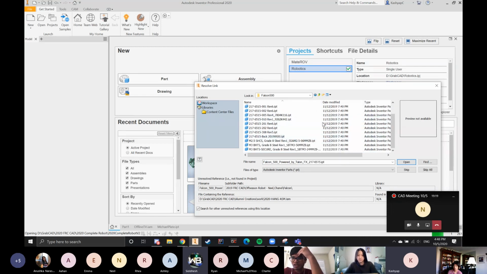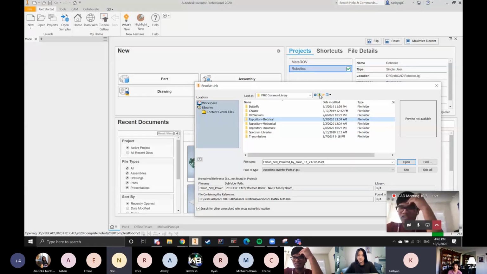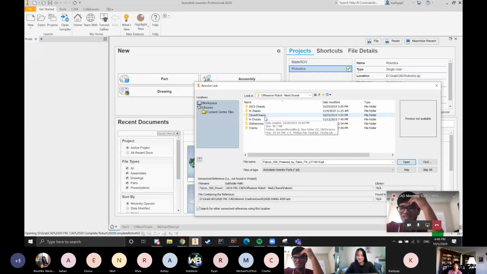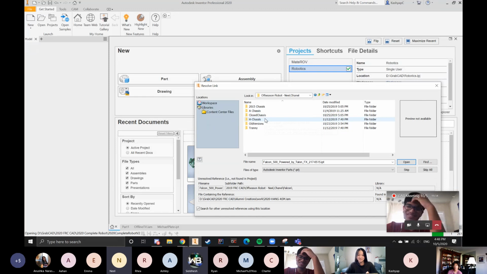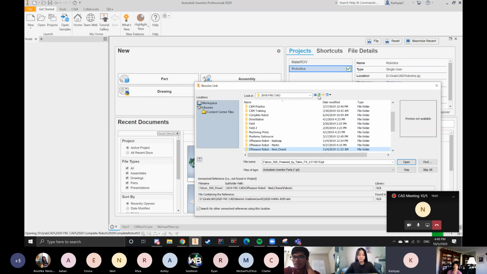It's in 2019 FRC CAD / Offseason Robot - Neil Chanel Falcon. It says there. Why is it referencing an off-season 2019 project? That's a really good question. That folder doesn't exist here either. Maybe because you have to download the Falcon itself?